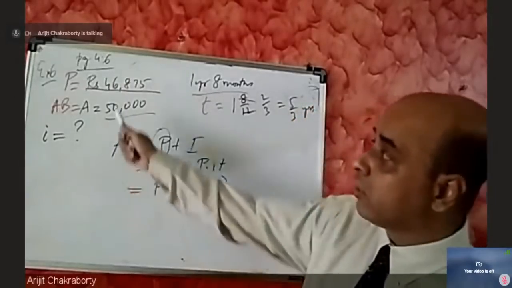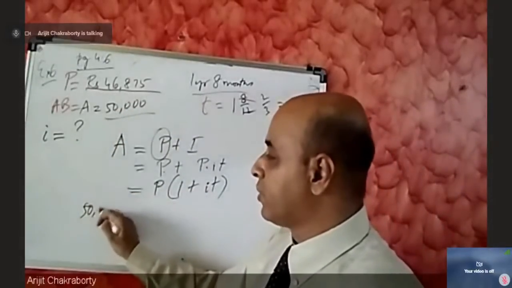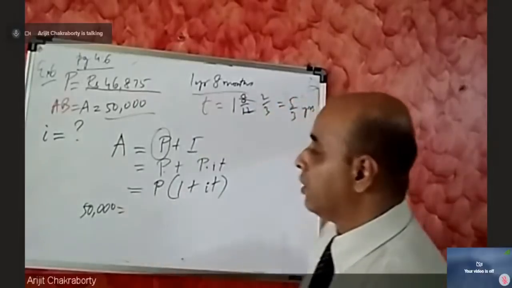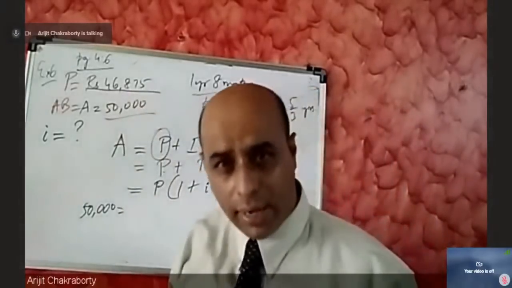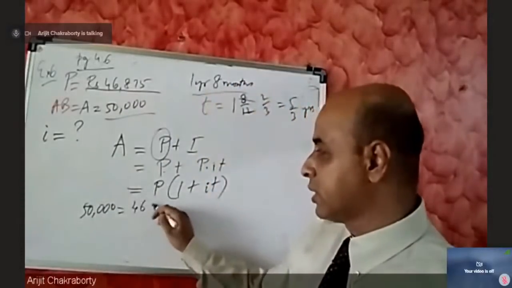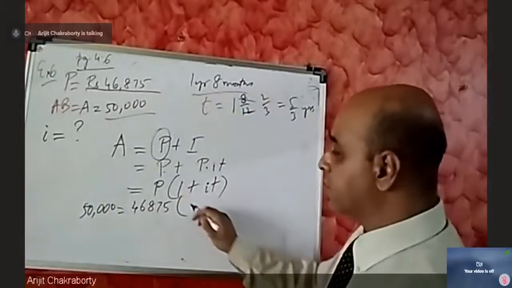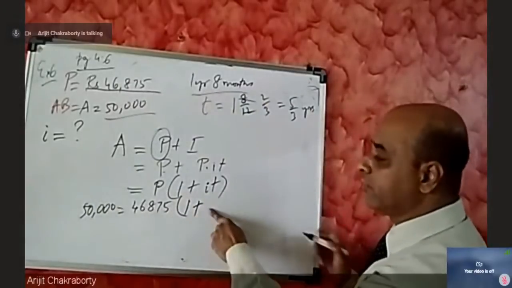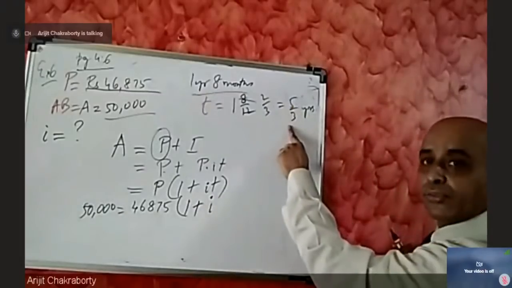Now here we know the amount is 50,000, so on the left hand side we write 50,000. The principal amount is 46,875, so we write 46,875 multiplied by 1 plus IT. The interest rate I we don't know, so we keep it as I, but T is 5 by 3.